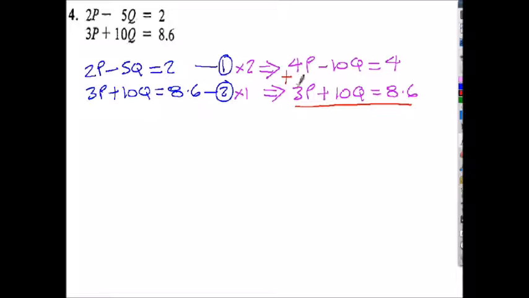So 4p add 3p is 7p, and the negative 10q add the positive 10q, that will obviously be 0. And adding 4 to 8.6, we will get 12.6. So therefore 7p is equal to 12.6. So p is equal to 1.8.